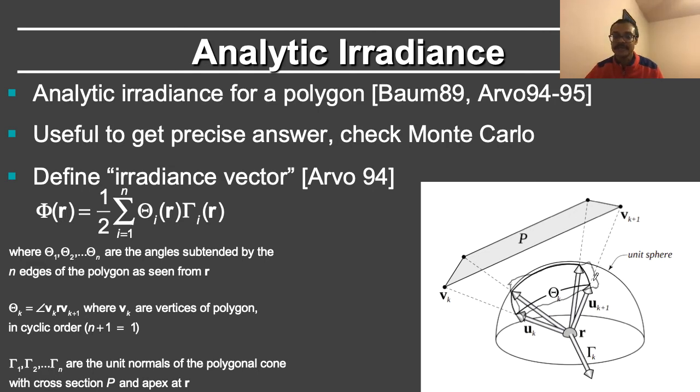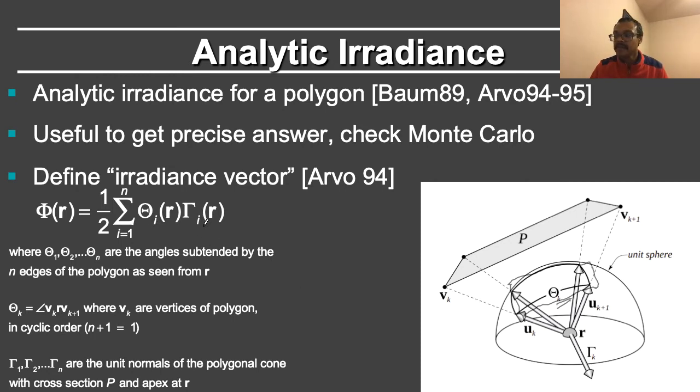He's, of course, drawn it a lot better than what I can do with the pen. You define this angle between Vk and Vk plus 1 on the spherical polygon, which will correspond to this quantity theta k, which is shown here.